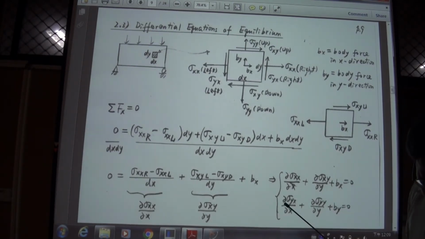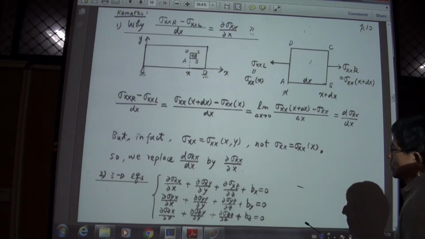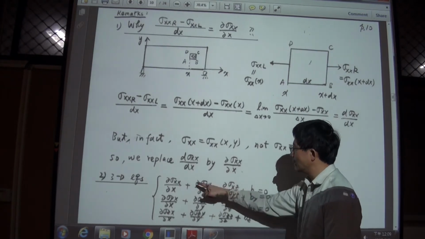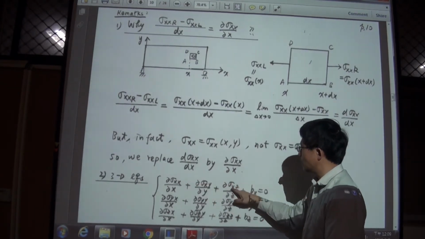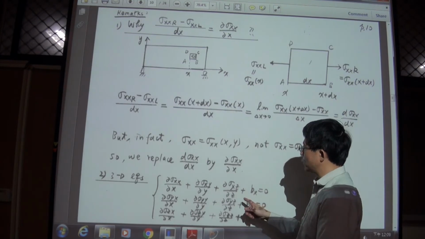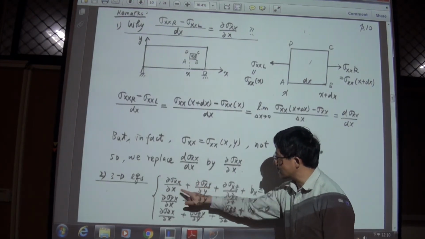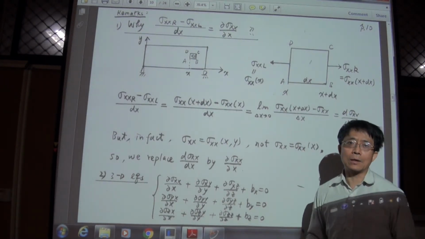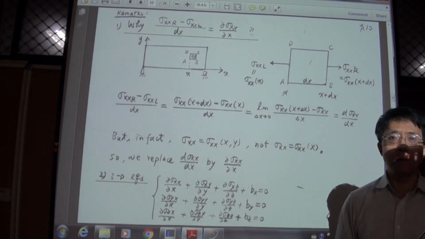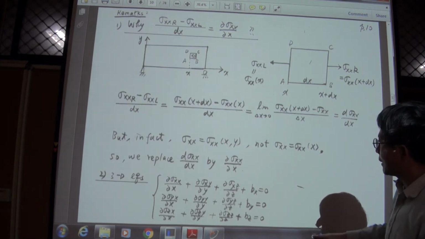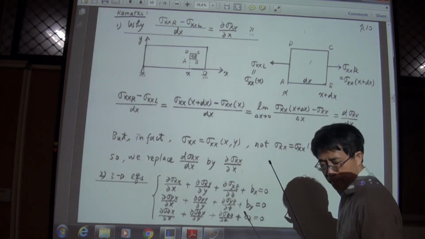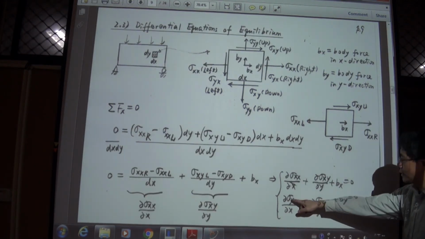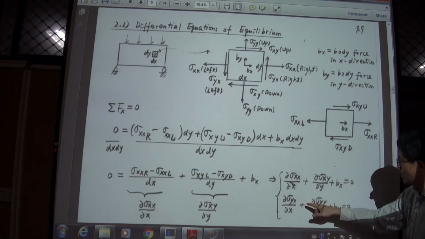We generalize this to three dimensions. First write down x in the first index. And then for the second index, xx, xy, xz. And in this way you can easily get the three-dimensional relation. For the second one, you can do the same job. First index is y.